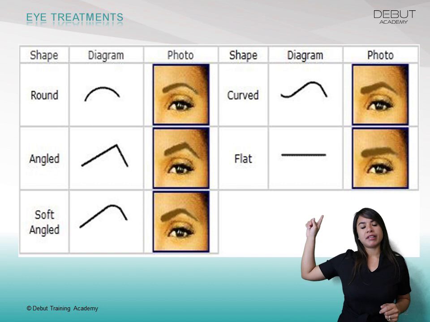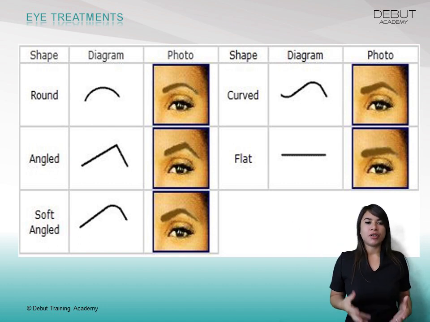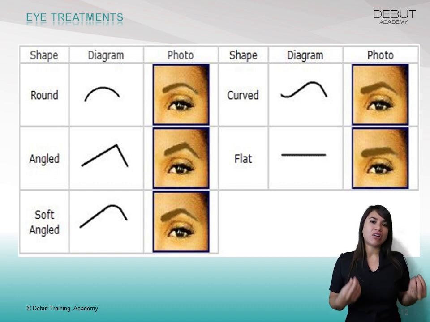Now here in the diagram you can just see an exaggerated picture of what an eyebrow should look like. This will help understand how your eyebrow should be shaped per the face shape. However, please, like I just mentioned, please consider the eye shape too, as this is quite a big influencing factor.